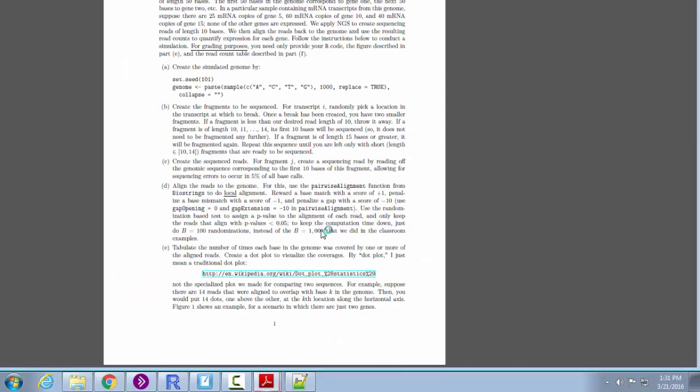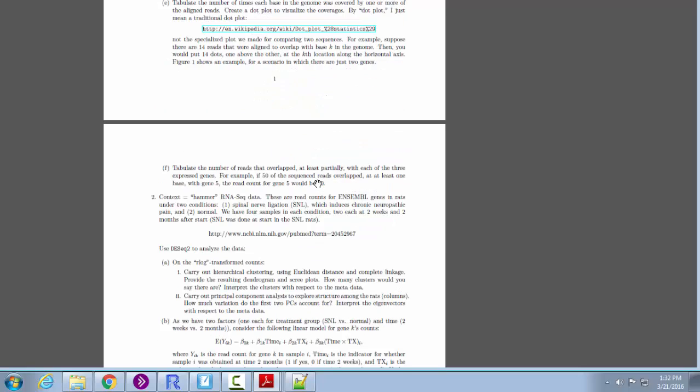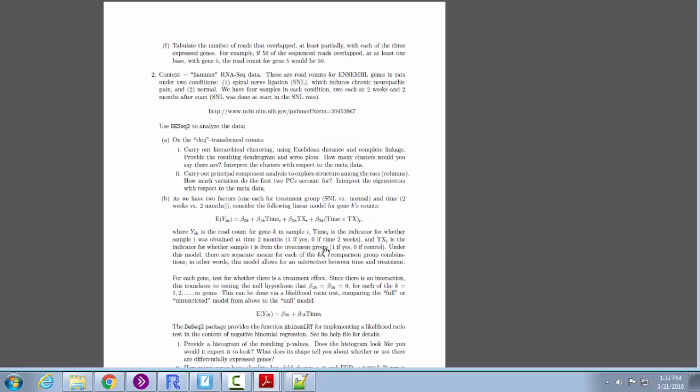I think I said on the discussion board that the first problem can be extra credit. So there's a fair amount of R programming in the first problem. I think it's a good exercise, but if it's eating all your time, that's okay. But number 2 is a pretty straightforward problem.